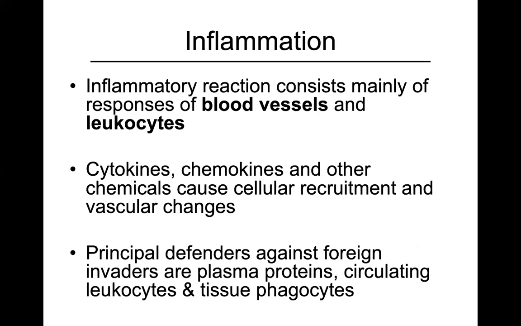Remember, apart from the macrophages and the dendritic cells, the other white blood cells, the monocytes and the lymphocytes, usually just circulate in blood. The lymphocytes will also traffic through the lymphoid organs, but majorly they'll be found in blood. So for them to leave blood and come to the site in the tissue where there's cell injury or cell death, there have to be changes in the blood vessels, and that's part of the inflammatory reaction.